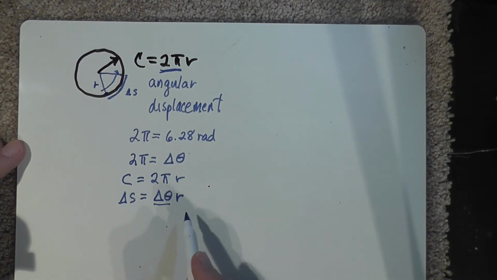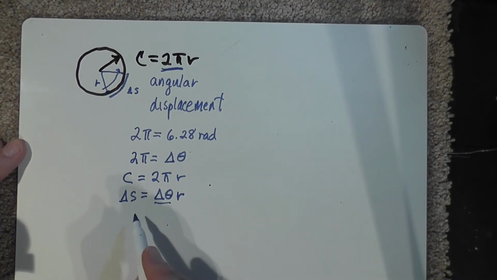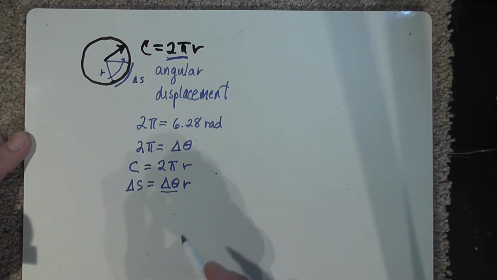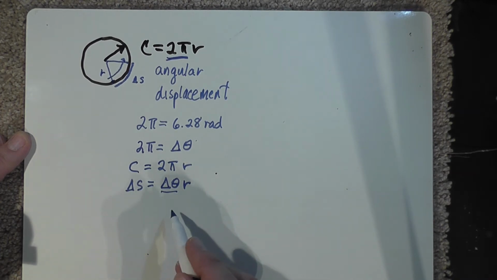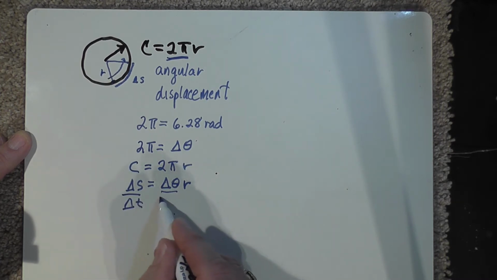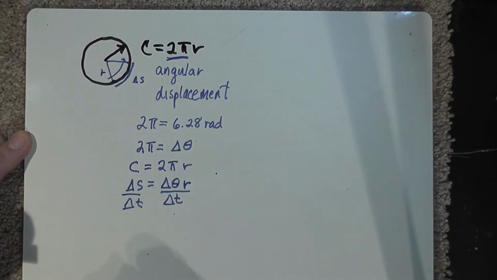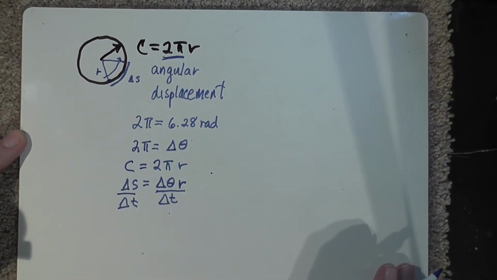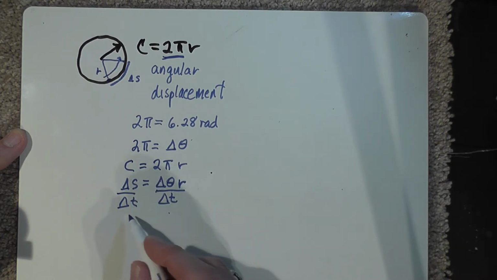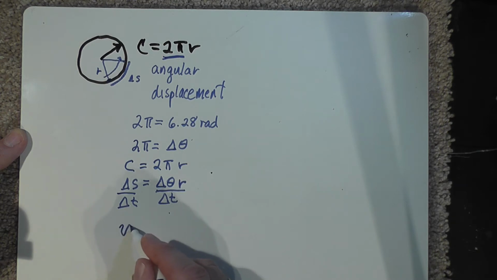We'll take this equation right here, delta S equals delta theta R, and divide both sides by delta T. And what we get is displacement divided by delta T, which is equal to just plain velocity.